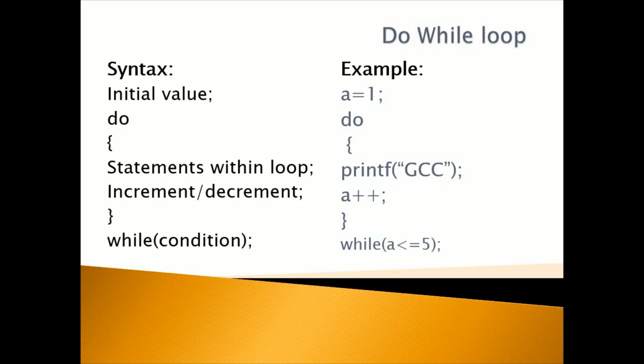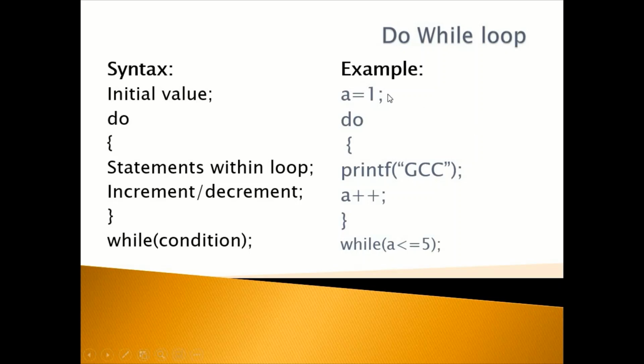When it checks the condition becomes false, so it does not go back and executes the loop, it stops executing the loop. This is how GCC can be printed by using do-while loop.